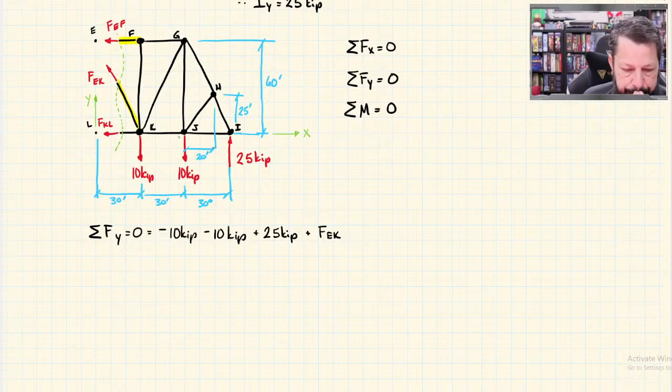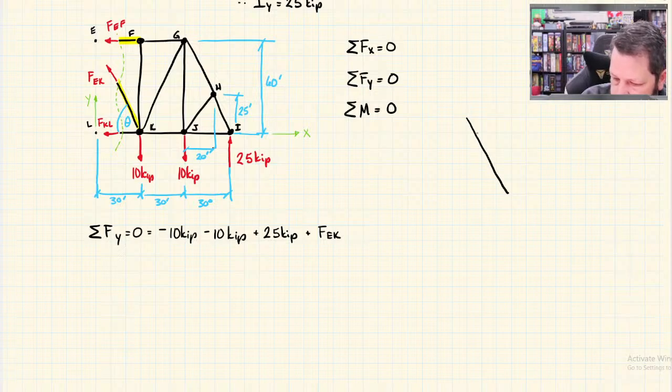Last time we did rise over run. This time let's do the angle. So let's say that we want to know that angle theta. Let's pull that over here. There's theta.